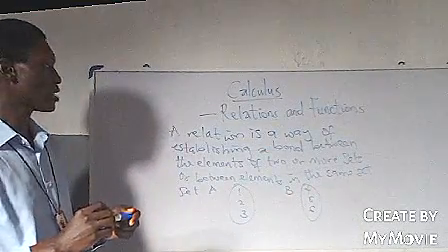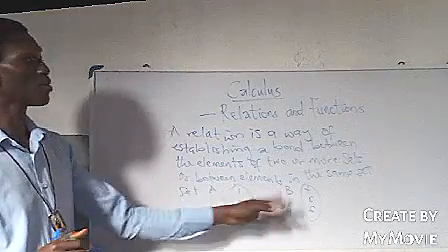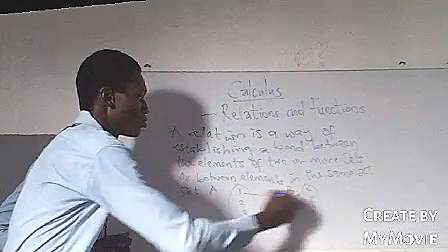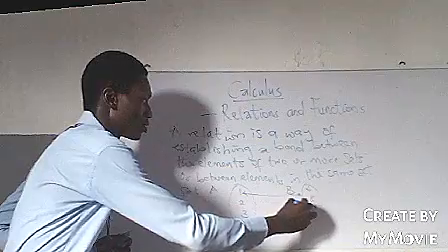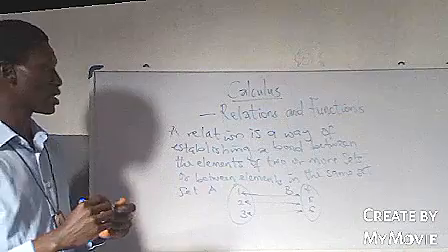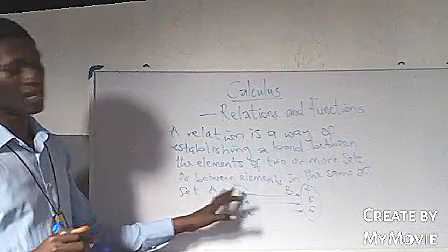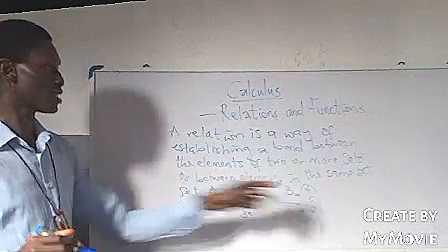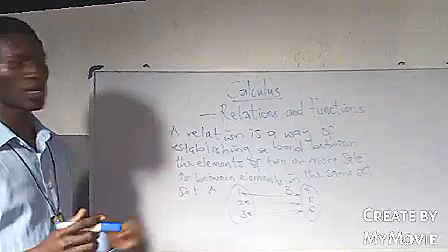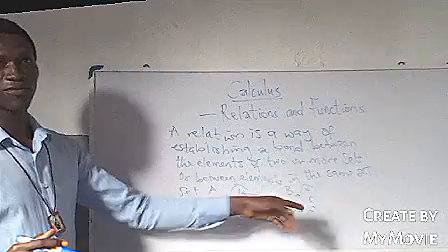If we say that the members of A are related to the members of B, we simply use an arrow to indicate the relationship. So we are saying that members of set A are related to members of set B.